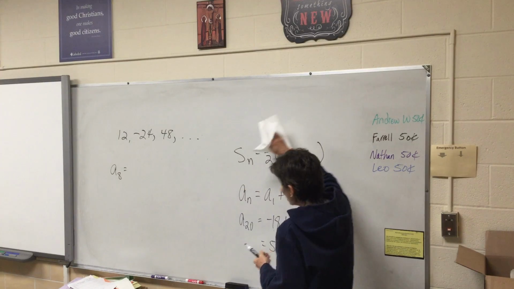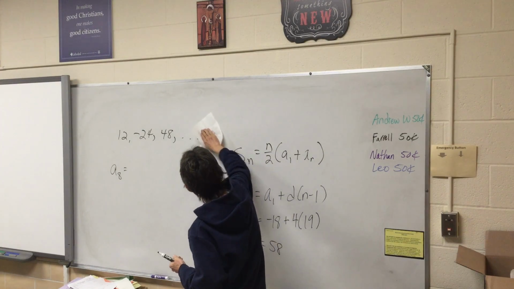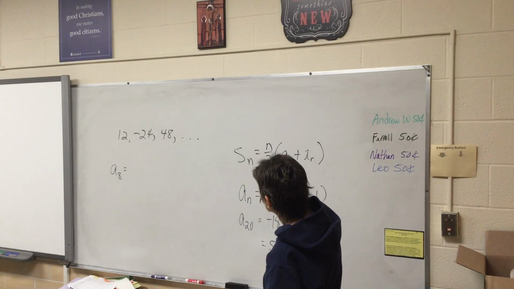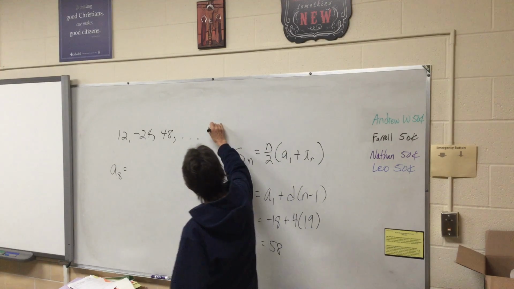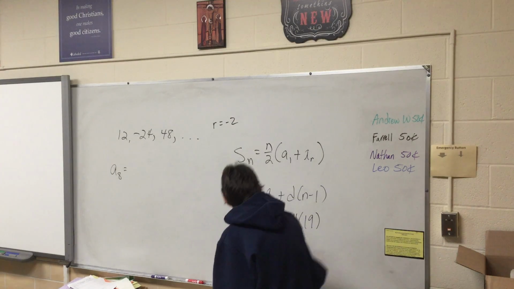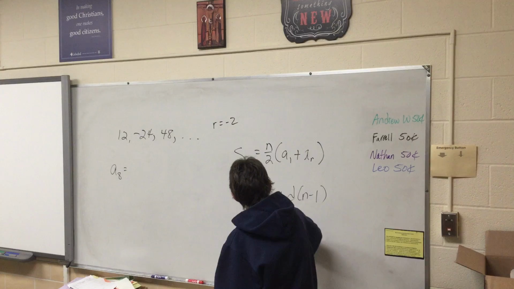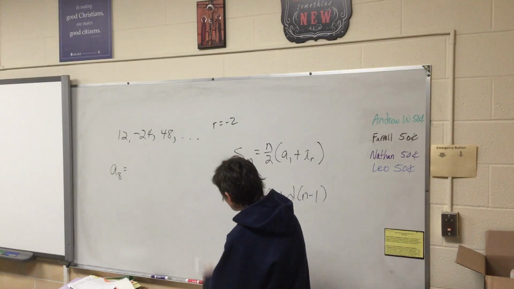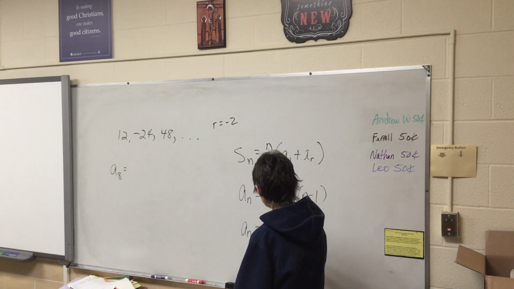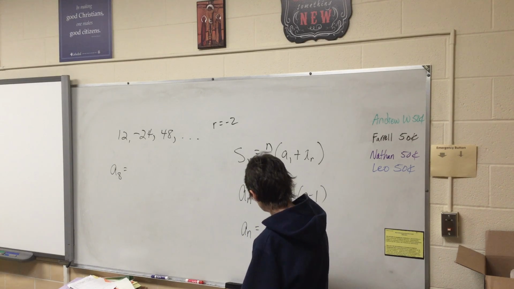So are we adding or multiplying? What are we doing here? Multiplying by negative. So our ratio is negative 2. And that makes it geometric. And our formula for geometric terms is this.